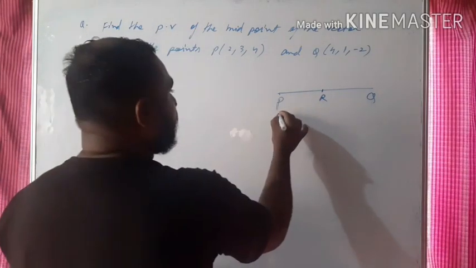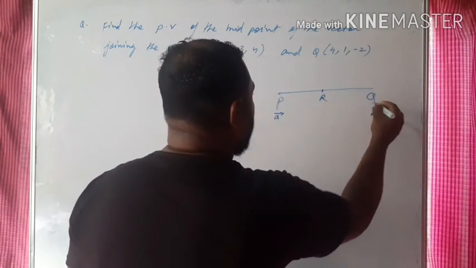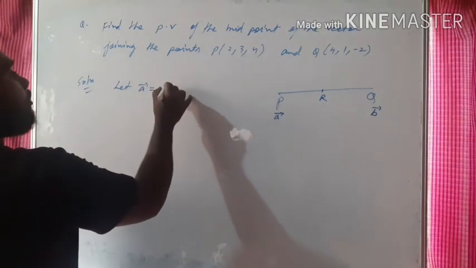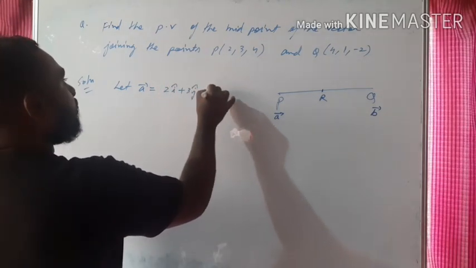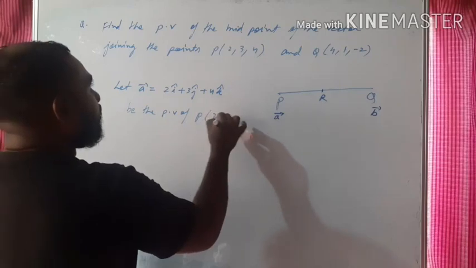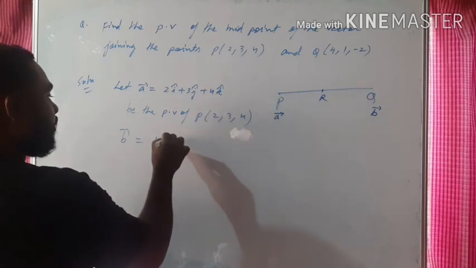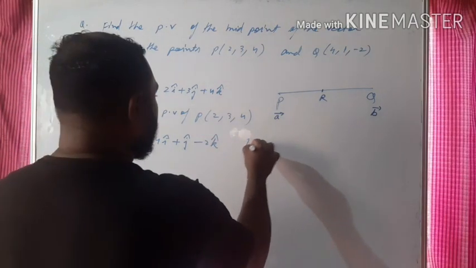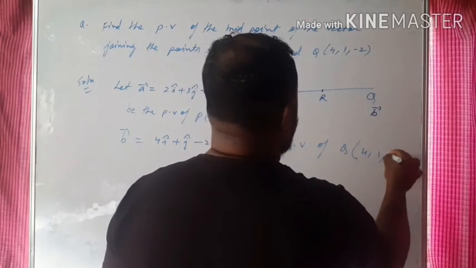Say the position vector of point P is A, and of point Q is B. So let A bar be equal to 2i plus 3j plus 4k, the position vector of P (2, 3, 4), and let B bar be equal to 4i plus j minus 2k, the position vector of Q (4, 1, minus 2).